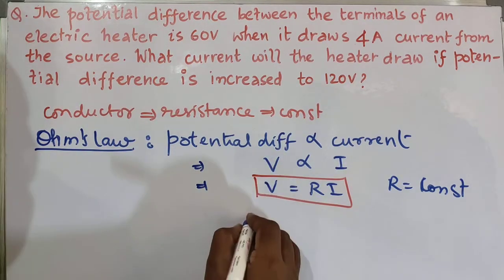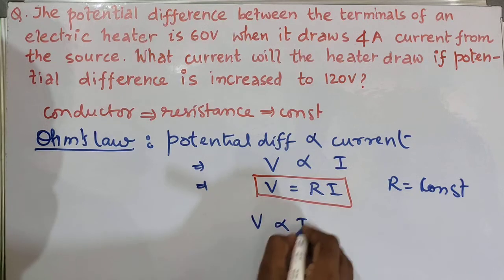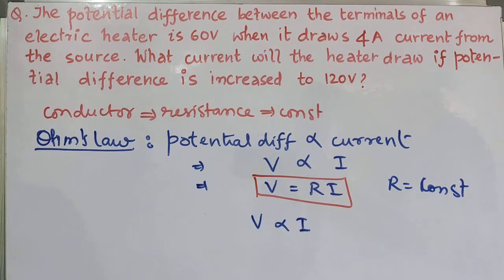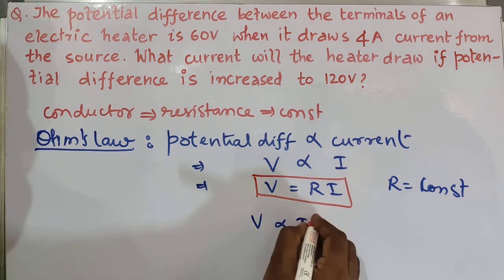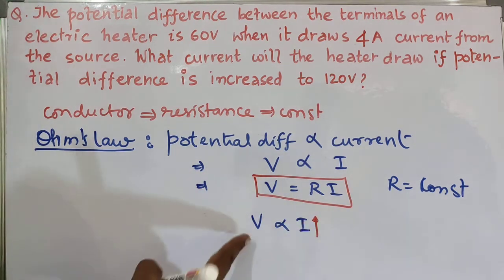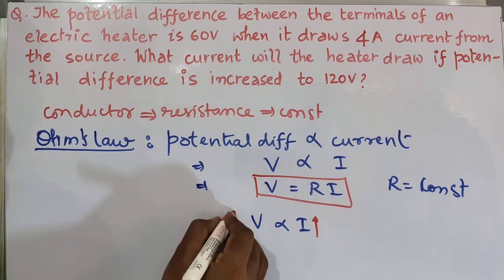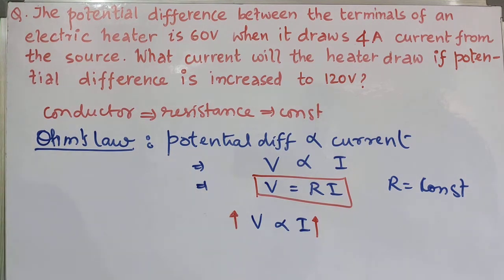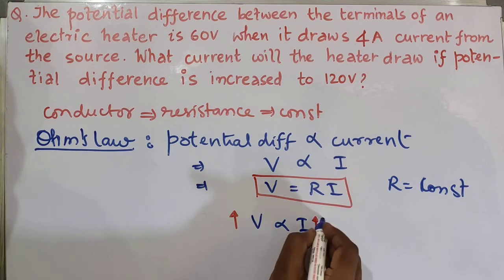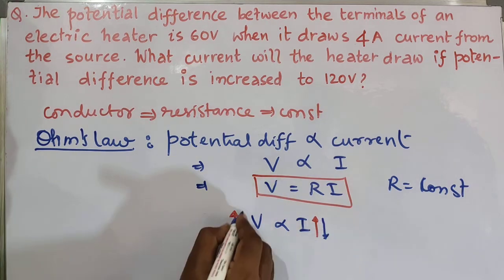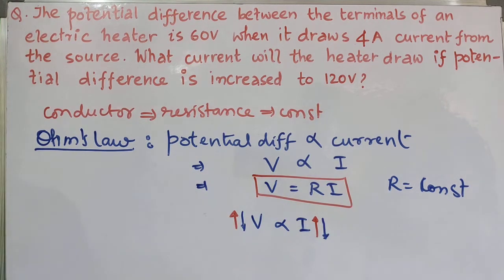What do you mean by perfectly obeying Ohm's law? That means V will remain perfectly proportional to current. For example, if I increase the current, what happens to the potential difference across it? It will also increase. If I decrease the current passing through the conductor, the potential difference across it is also going to decrease. So it will perfectly follow Ohm's law, right?